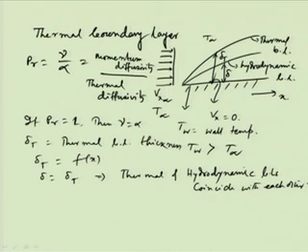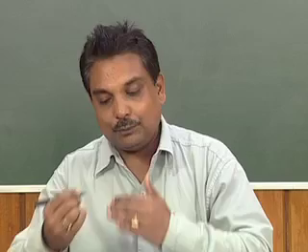Now, another case: if Prandtl is less than 1, that means nu is less than alpha, then we will get delta less than delta T. If delta is less than delta T, that means the hydrodynamic boundary layer will be below the thermal boundary layer.